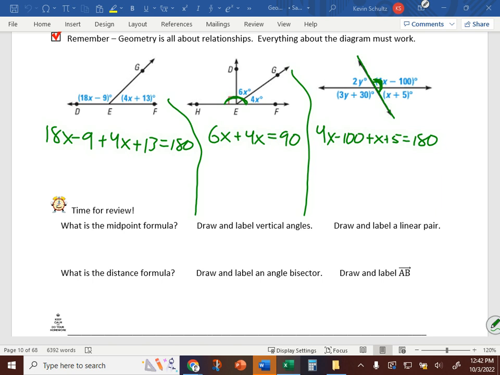If you want to go the other side, well, you've got a linear pair here also, don't you? Right? We know that 2y plus 3y plus 30 also has to equal 180. Right? Because those two angles also make a line.